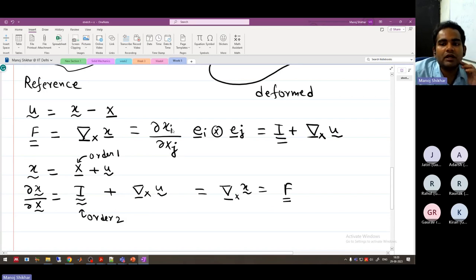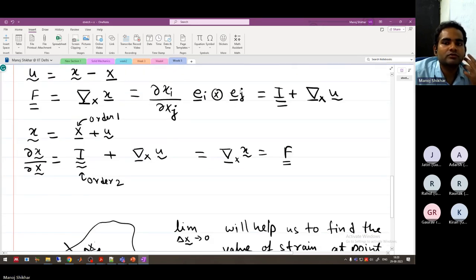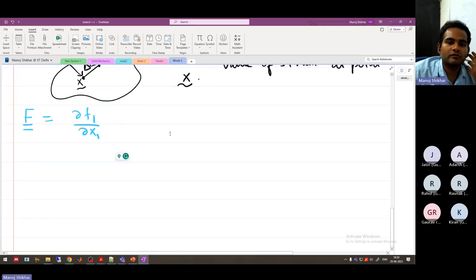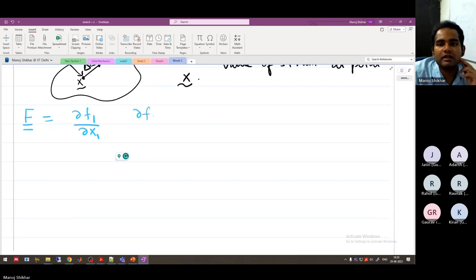So if I put i equal to 1, I'm writing the first row. When i equal to 1 and j equal to 1, I'm writing first row and first column. Now if i equal to 1 and j equal to 2, I'm writing first row, second column. So instead of f, I should write small x. Sorry.